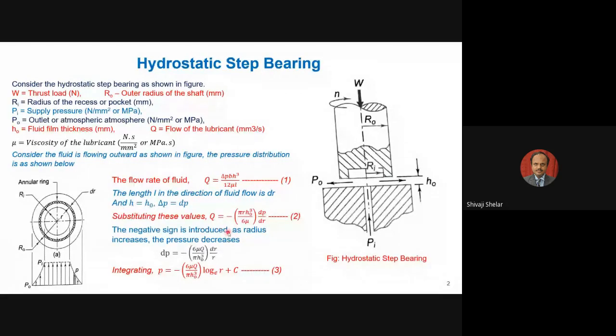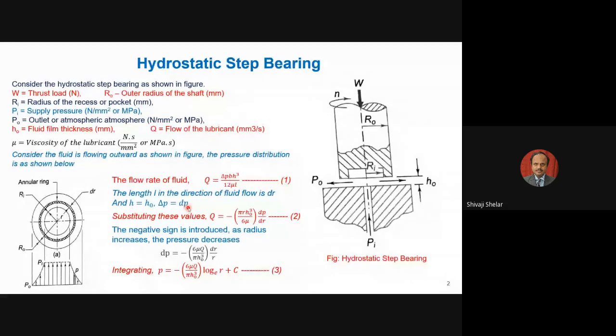Then the perpendicular dimension here is h naught, and since it is circular geometry, we require only the h naught value for the other perpendicular dimension. Delta P across this small element we assume as a small elemental pressure loss, say dP.